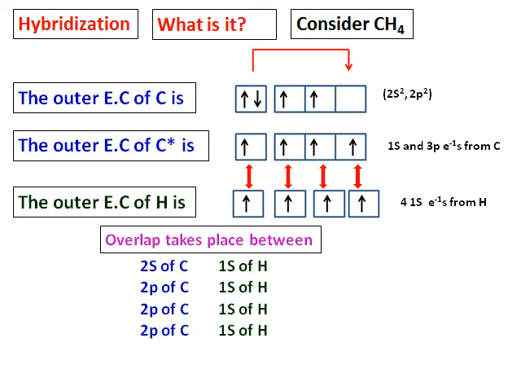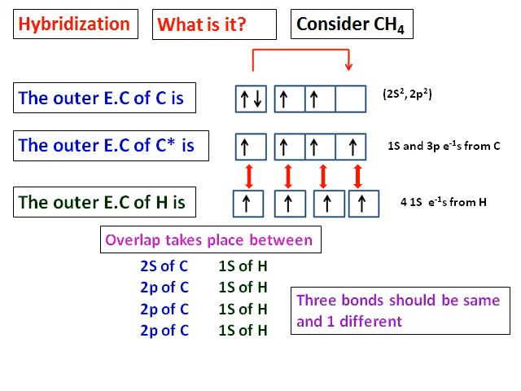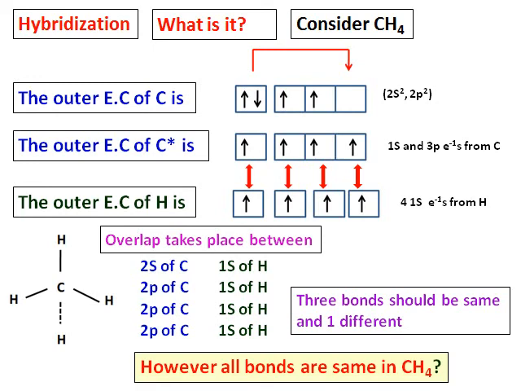So one bond is formed by the overlap of s and s, and the three are formed by the overlap of p and s. In general, then, the three bonds should be the same and one of them should be different. But what we actually find is that all the bonds in methane are the same. How is this possible? Let's go ahead and learn how all the bonds in methane are the same.